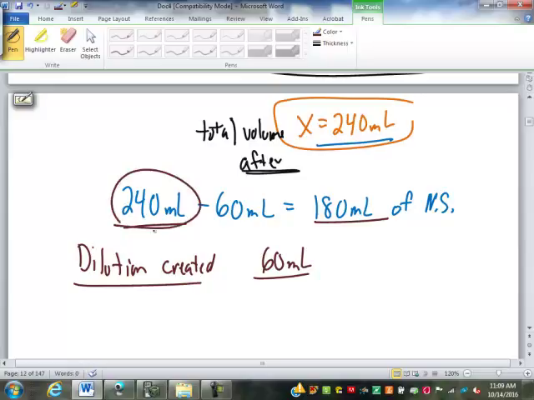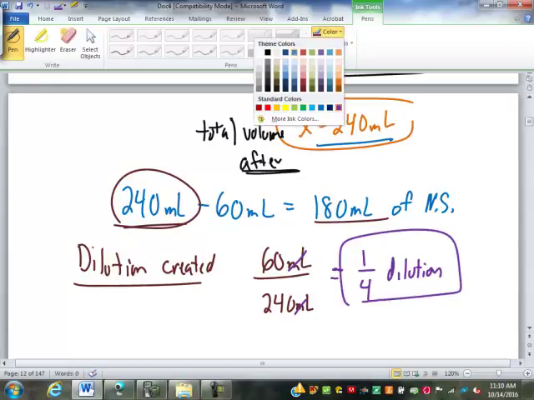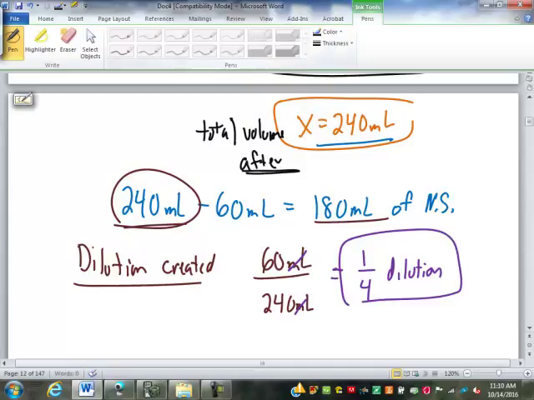I use the total amount, which is the 240. So the milliliters cancel out. I have 60 over 240, which is going to reduce to a 1 in 4 dilution. So now that I've figured that out, anytime I want to reduce that 40% solution to 10%, I know I can do a 1 in 4 dilution to do it.